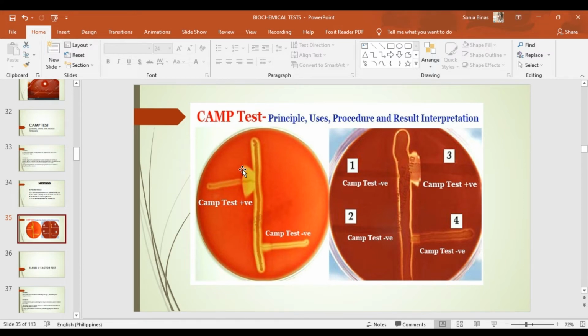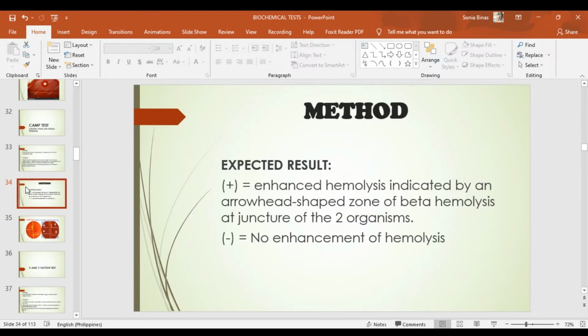So, kapag na-incubate natin at nagkaroon ng arrowhead appearance, ito ay positive or ito ay ang ating Streptococcus agalactiae. So, the positive result will be an enhanced hemolysis indicated by an arrowhead-shaped zone of beta hemolysis at juncture of the two organisms, while no enhancement of hemolysis is the result of our negative reaction.